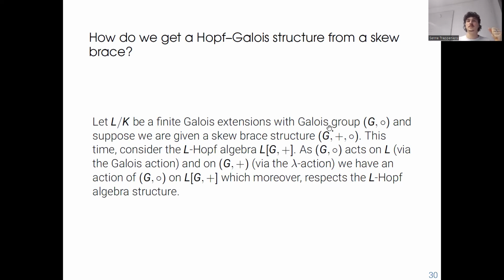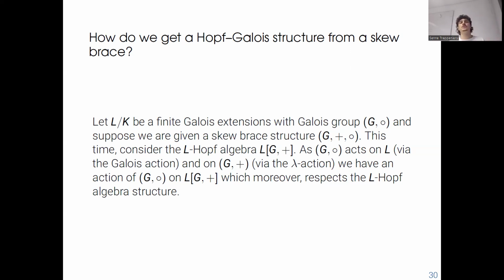So we are given this plus. This time, instead of considering the K Hopf algebra KG, we look at the group algebra of G plus over L. So L is our bigger field. In the classical example, we start with a smaller field. Now, G circle acts on L via the Galois action, but also acts on G plus because recall this is a skew brace, and in a skew brace we always have this lambda action.